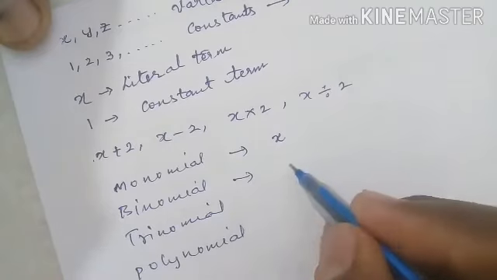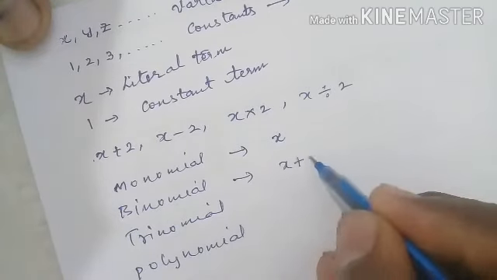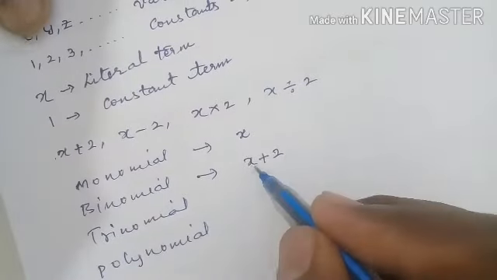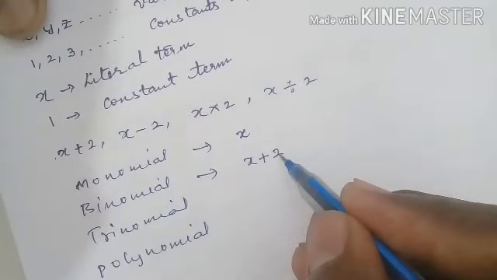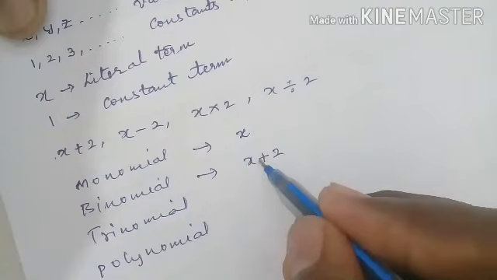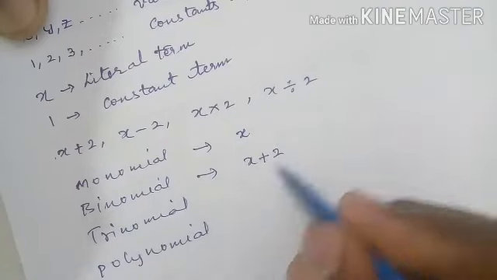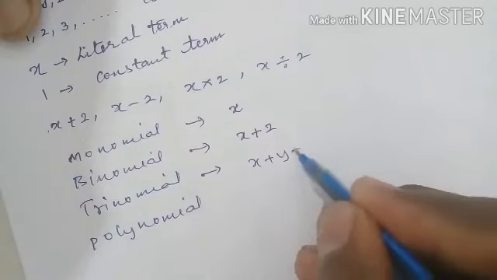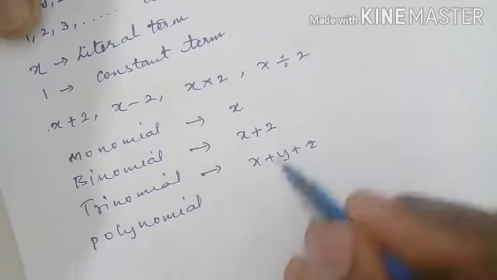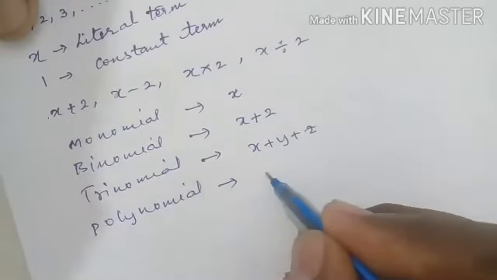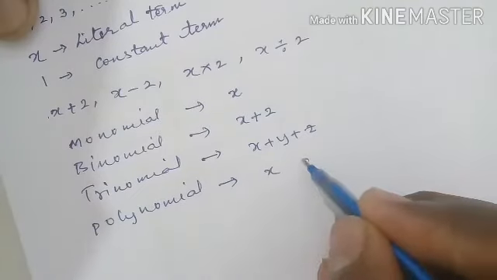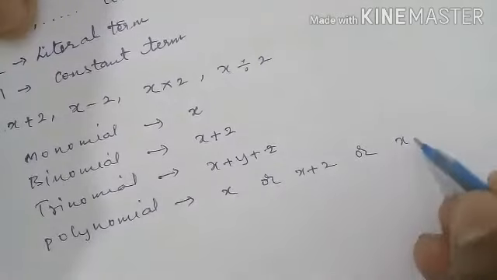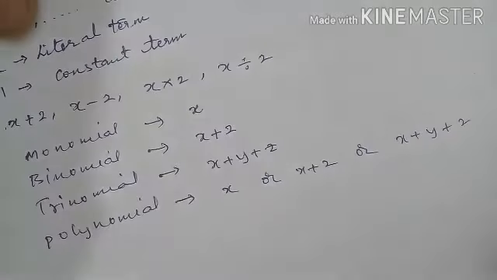Binomial means it must contain two terms, either variable or constants. For example, one variable and one constant, combined by using the plus operation. So here it is binomial. Like that, x plus y plus z is a trinomial. Polynomial: x is a polynomial. X plus 2 is a polynomial. X plus y plus 2 is also a polynomial.